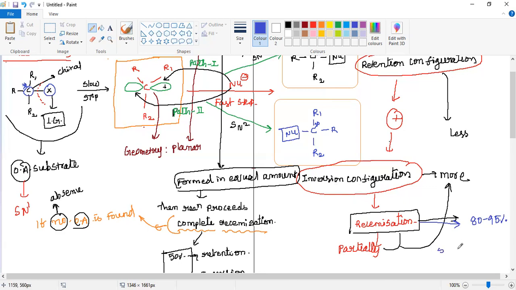Clear, right? Okay, now I want to give one example based on this.